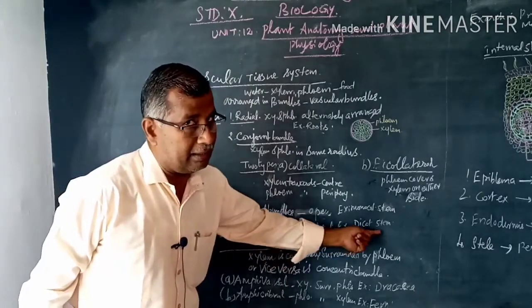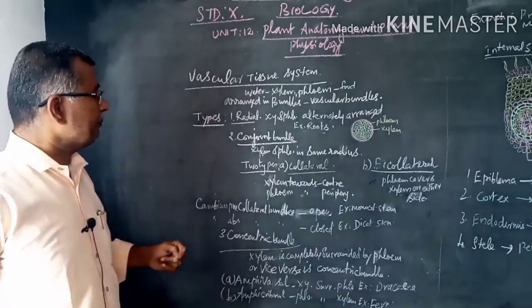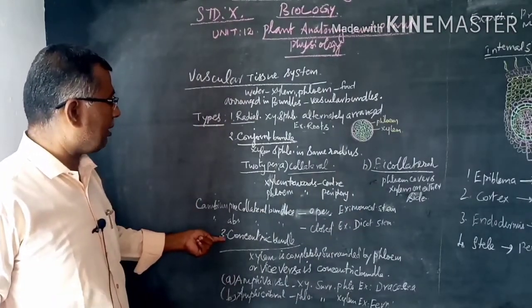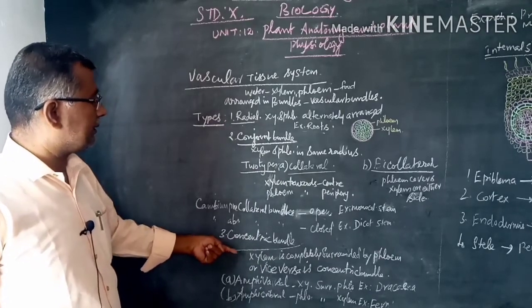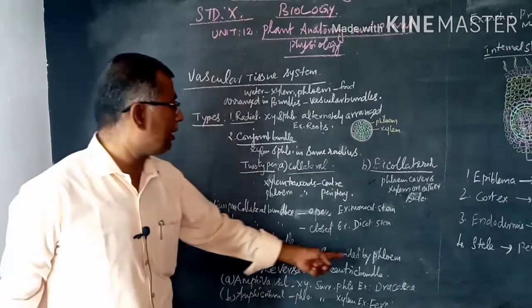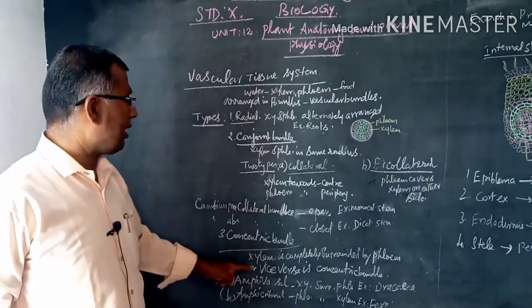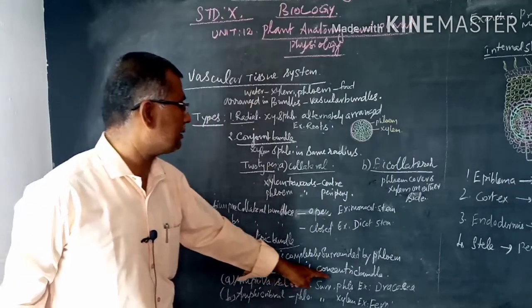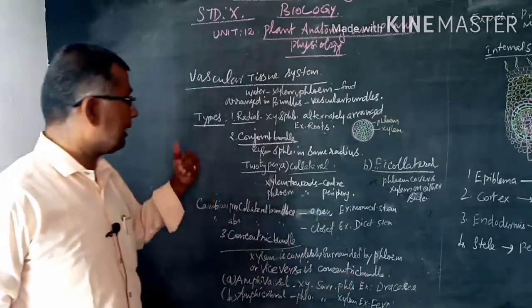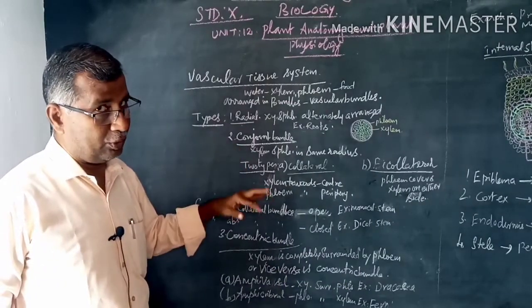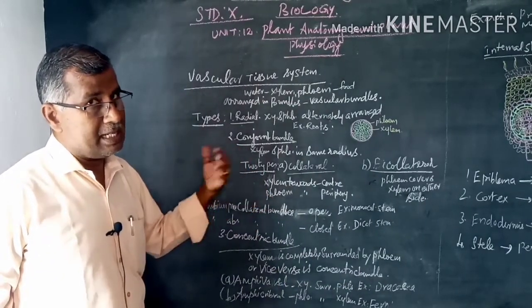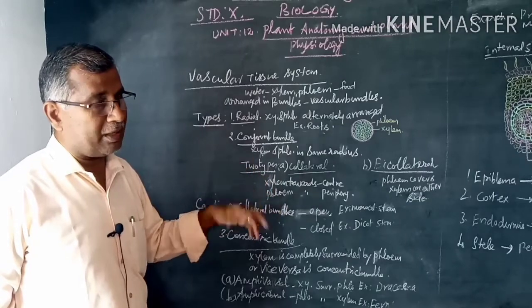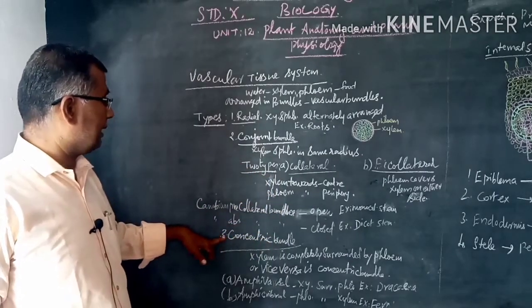Example, monocot stem. Understand? Then the third one is concentric bundles. The xylem is completely surrounded by phloem or vice versa, known as concentric bundles. So either xylem is surrounded by phloem or phloem is completely surrounded by xylem. We call them concentric bundles.